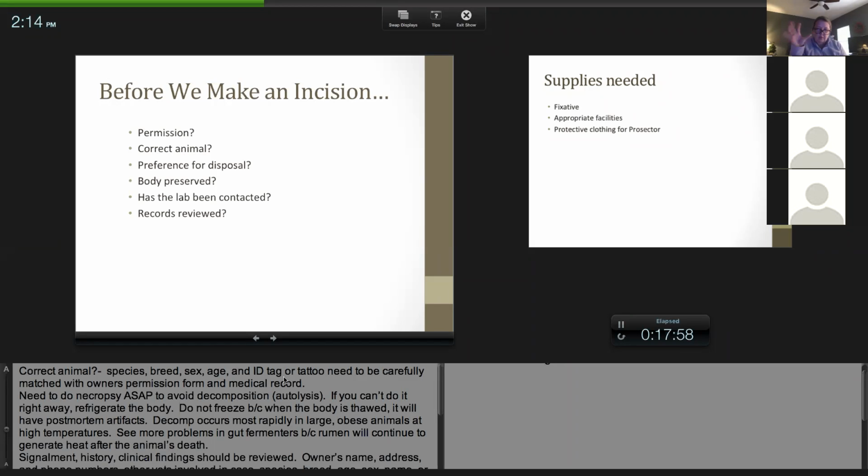If this is an owned animal, they probably don't have a fancy number, but if they had a microchip, you could scan it and confirm, yep, that's the correct animal. But markings are good, and make sure that everything is marked for the owner.